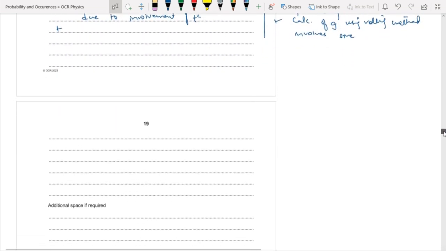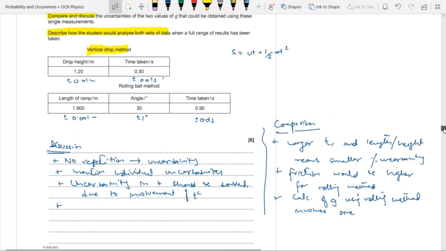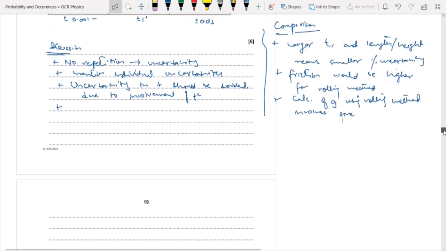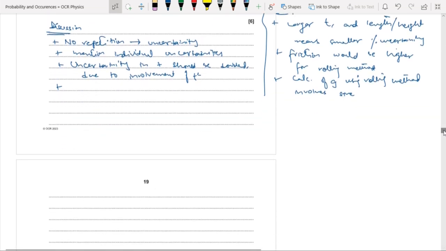Moving on, now it's time for the analysis. How would the student analyze both sets of data? All right, first thing would be the utilization of the suvat equation. I've already mentioned there, s equals ut plus half at squared.